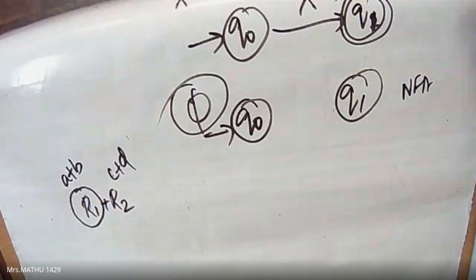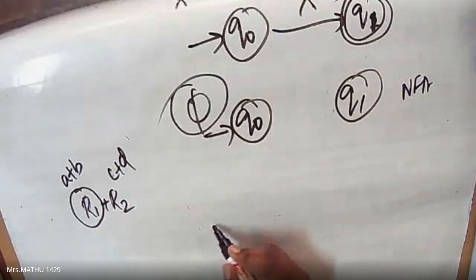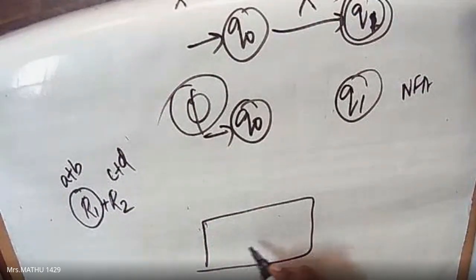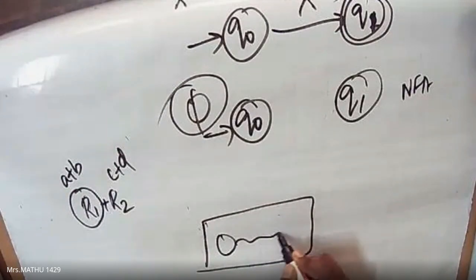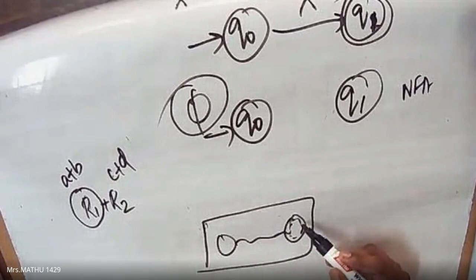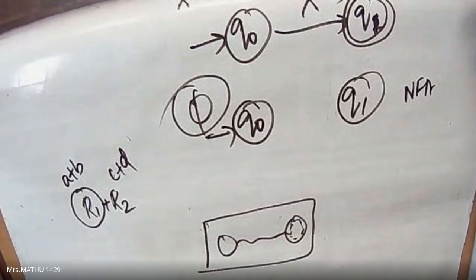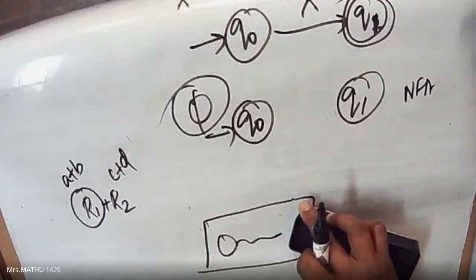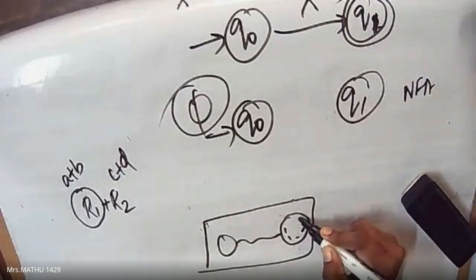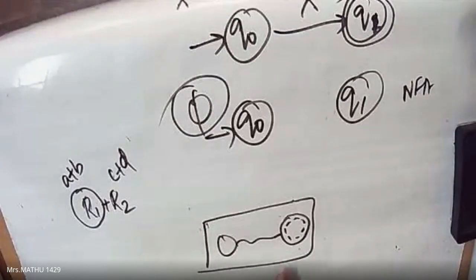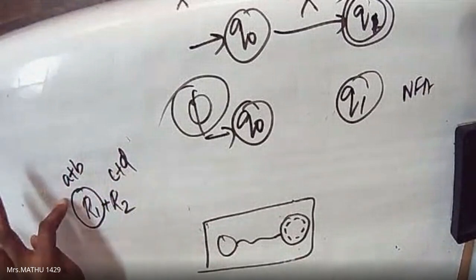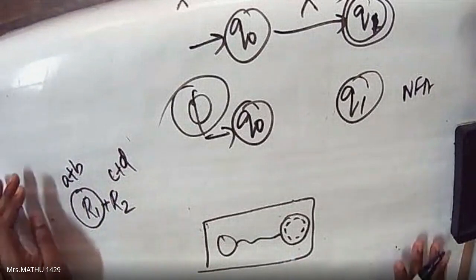First, we do not know what R1 contains, but let us assume that it has something inside. That is why I am giving a curved line here. And this is not the actual final state, so I am drawing it as a dotted one, because we still have R2, and only after combining the two will we get a final state.